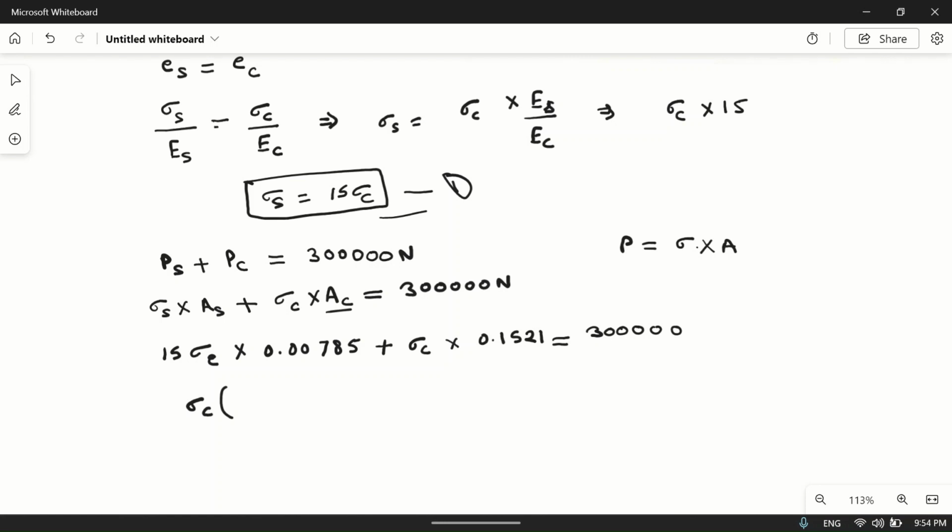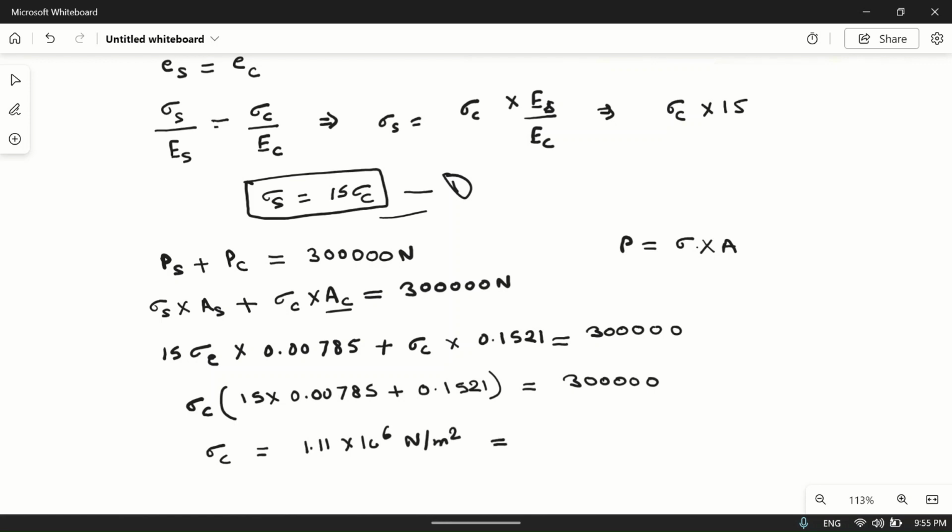Now sigma C is common: sigma C into (15 into 0.00785 plus 0.1521) is equal to 3 lakh. So sigma C will be 3 lakh divided by this amount, which comes to 1.11 into 10 to the power 6 Newton per meter square, that is 1.11 mega Newton per meter square.